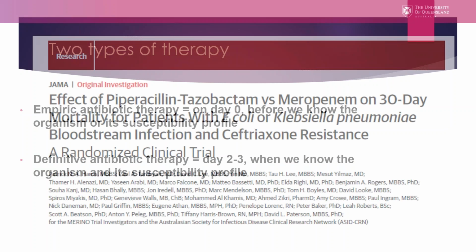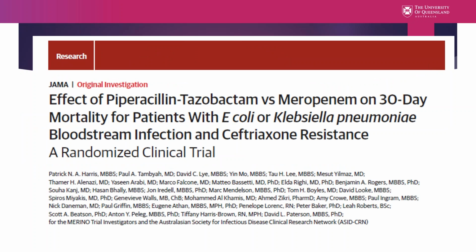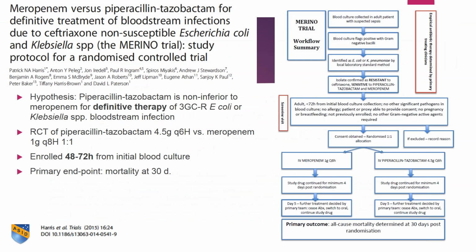So recently we've completed a large trial which was published in JAMA, which looked at that second decision point. Now, I'm not going to go into the ins and outs of the trial, other than to say that we were looking at 2 different antibiotics, and we were looking at which choice was the better choice for definitive therapy.